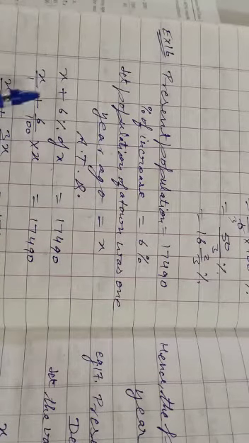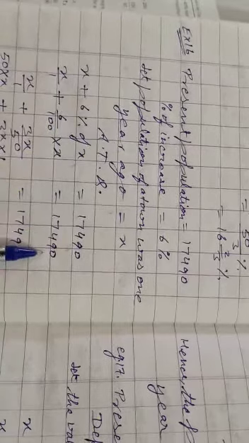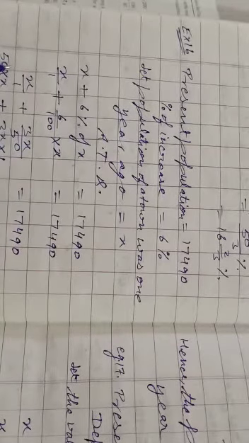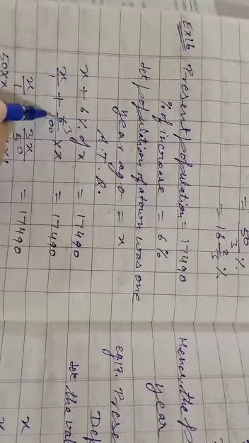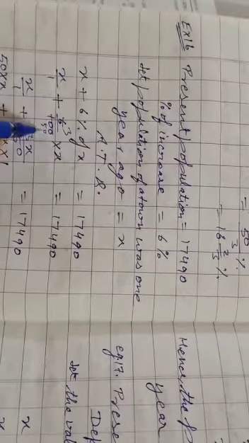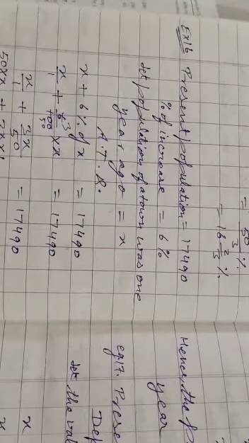X upon 1 plus 6 upon 100 multiply X equal to 17,490. Simplifying, 3 upon 50 X. Now take 50 as LCM.